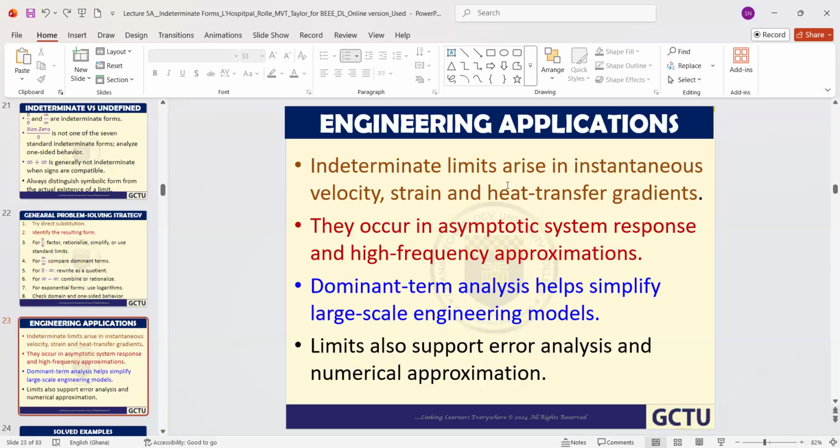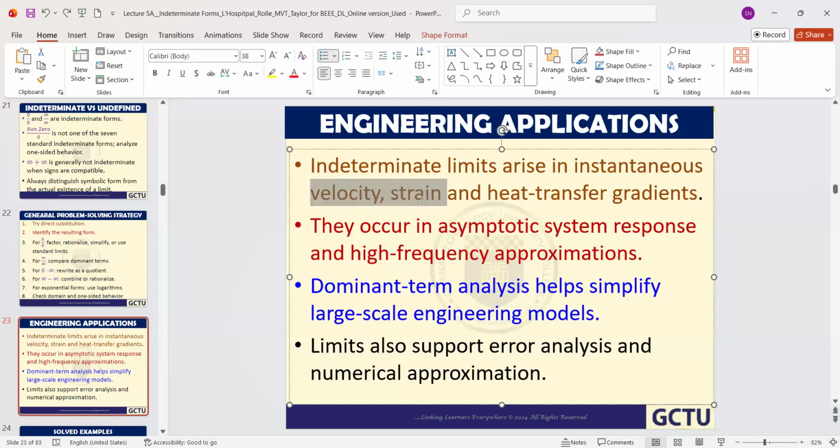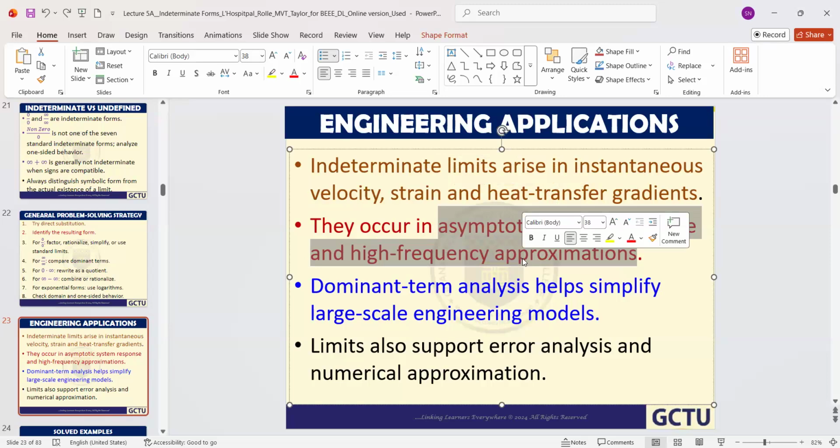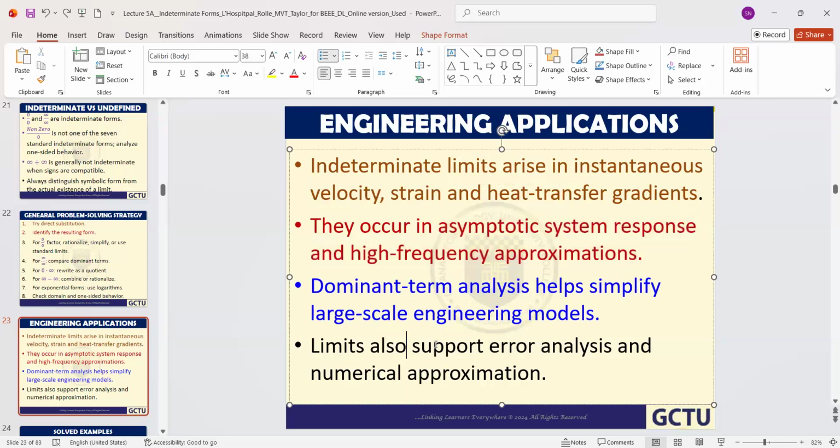So any gadgets that may use any of these properties, we may end up getting results that look like indeterminate. They also occur in asymptotic systems, and they respond to high-frequency approximations. Dominant term analysis helps to simplify large-scale engineering models. Limits also support error analysis and numerical approximations.